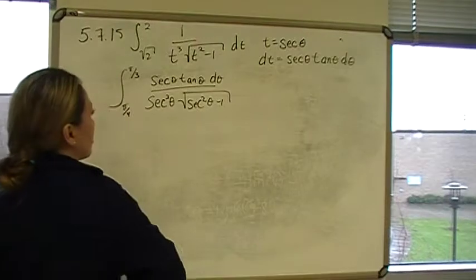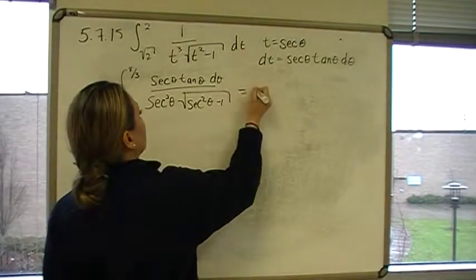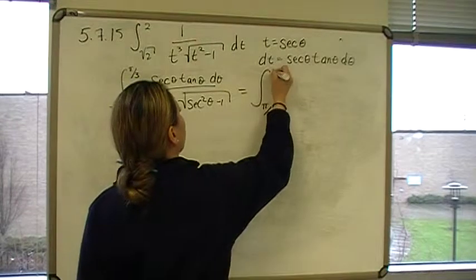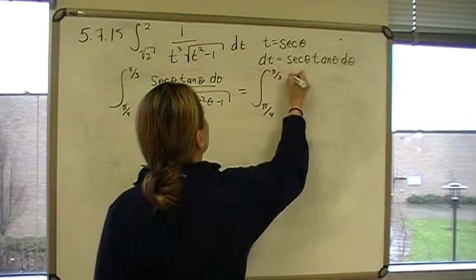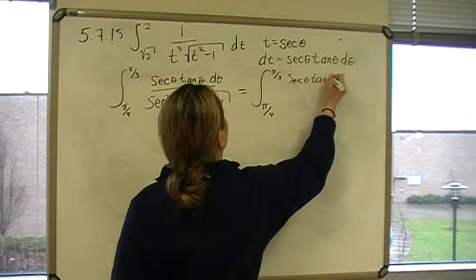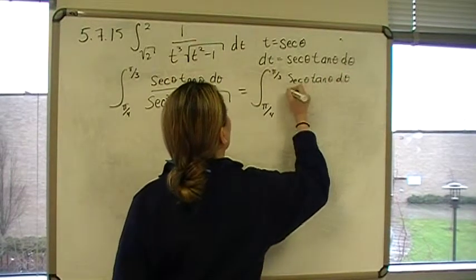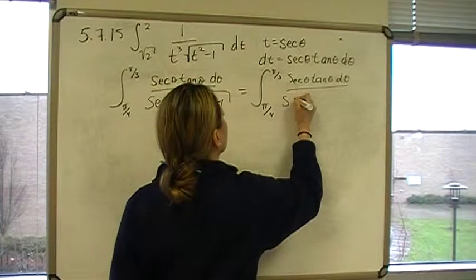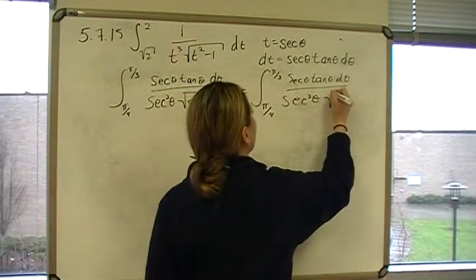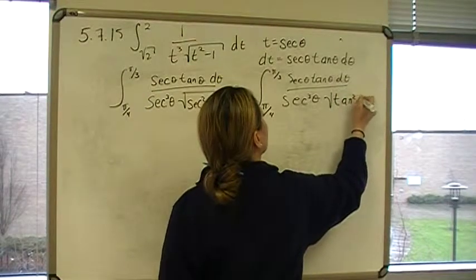Even though it's bad form, I'm going to go sideways. Pi fourths to pi thirds. This is secant theta tangent theta d theta, over secant cubed theta. This is the square root of tangent squared theta.